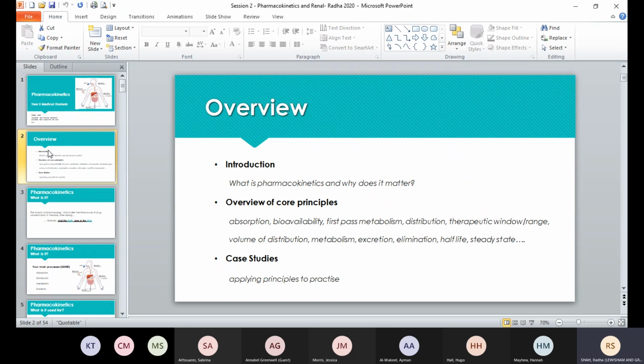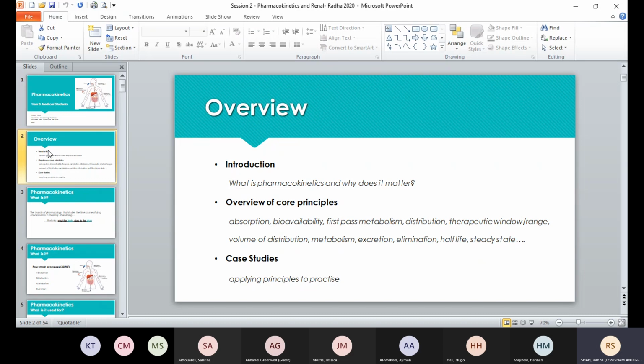Today we'll be talking about what pharmacokinetics is and why it matters, and why as pharmacists we study it and why we look into it. From my understanding of your curriculum, you don't actually get much or any pharmacokinetics teaching. So I will be treating it as a baseline for you to learn a bit about it and why we use it.